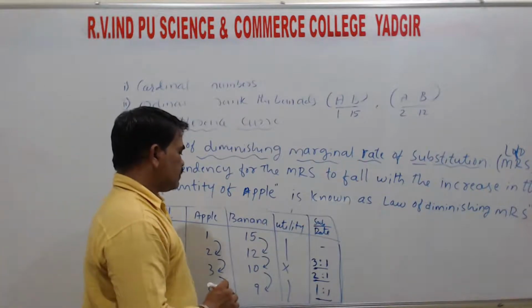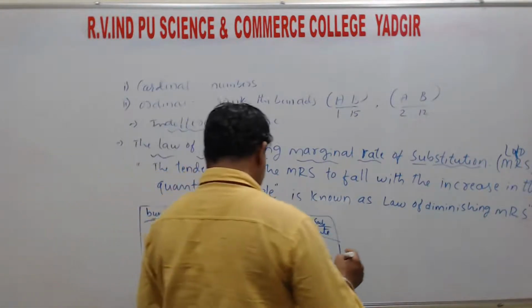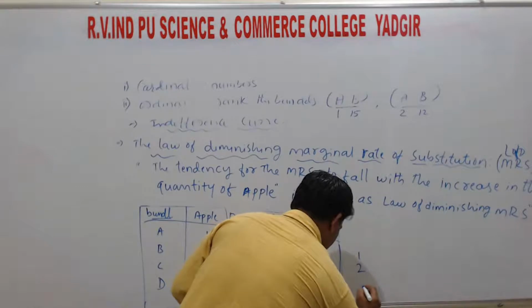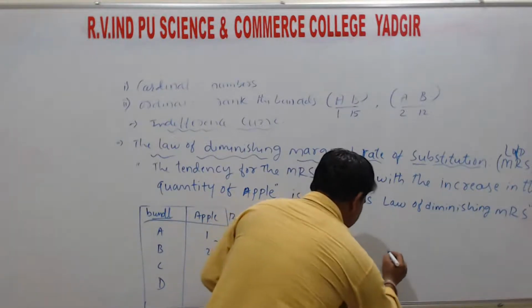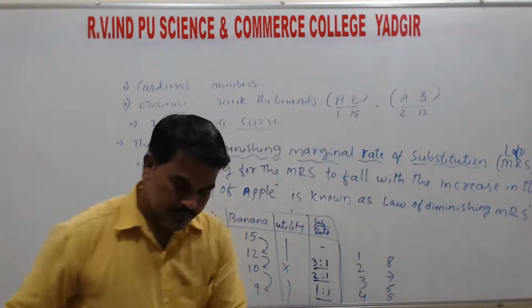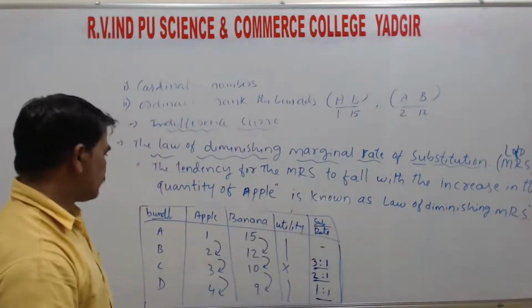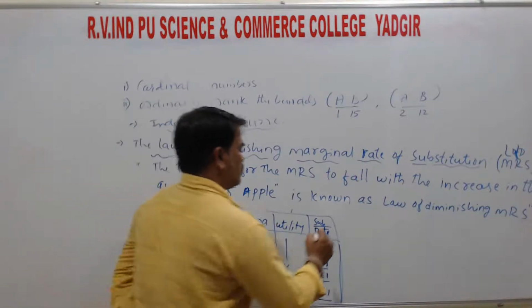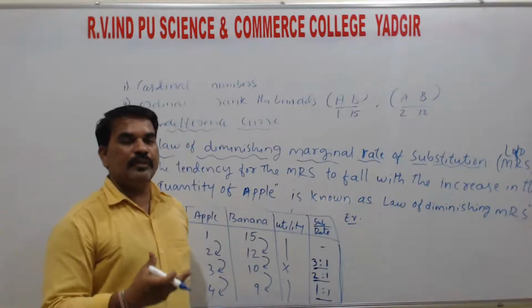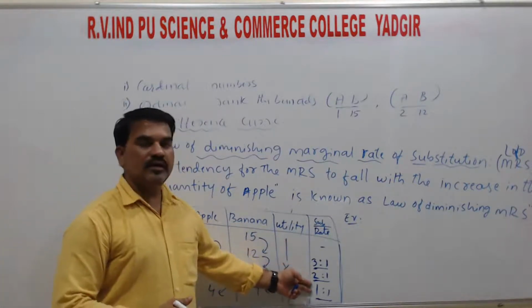Suppose I write the numbers 8, 7, 6, 5. What I said is, if we have a perfect substitution, then this rate will not diminish.